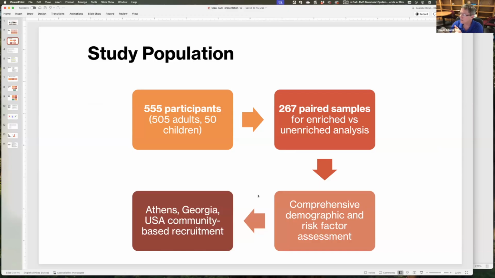We also have reasonably comprehensive demographic and risk factor data from the metadata for the samples. The samples were collected in Athens, Georgia, but it's not necessarily that every participant lives in Athens. Many of them work here and commute in from nearby communities.